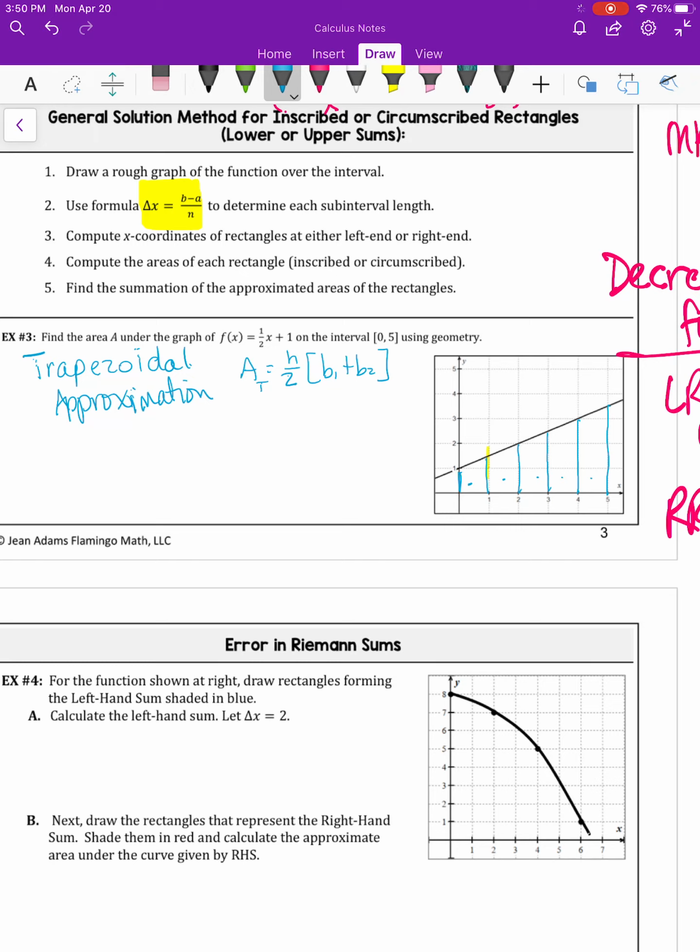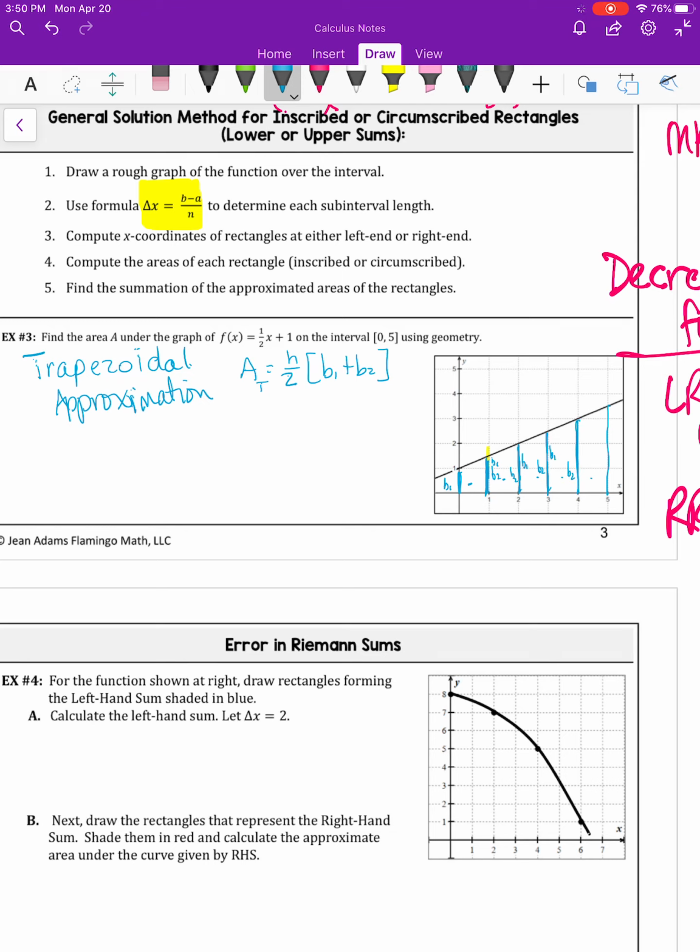And when we do that, we are using the area of a trapezoid formula: height divided by 2 times base 1 plus base 2. And the bases are the ones that are parallel. So right here would be our base 1, right here would be our base 2.